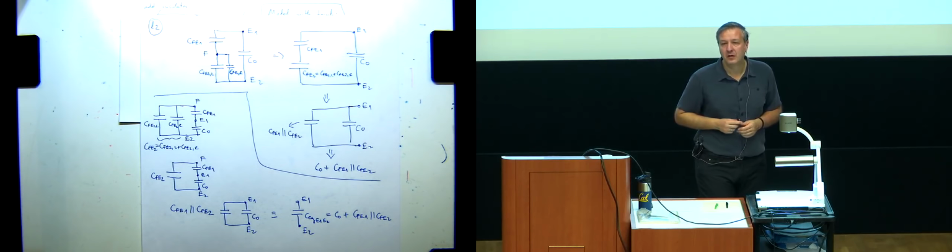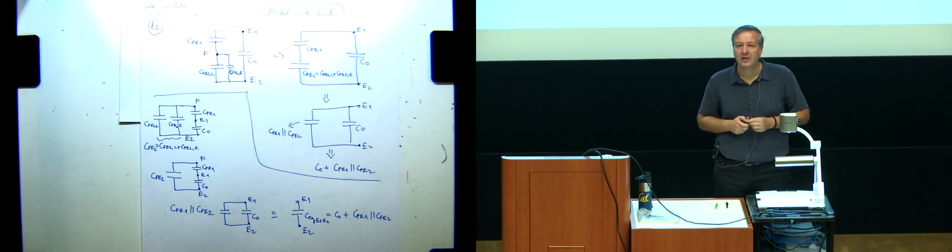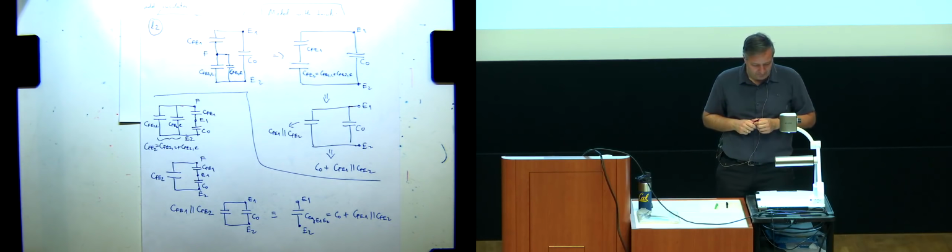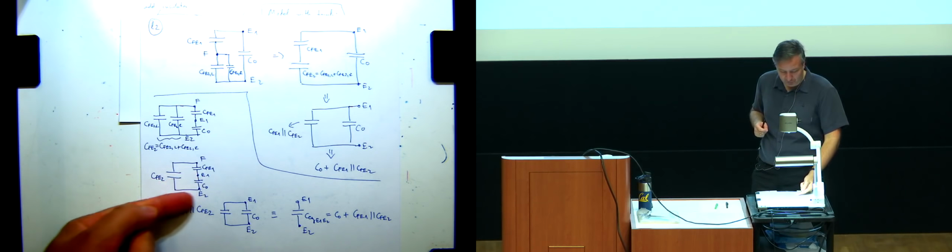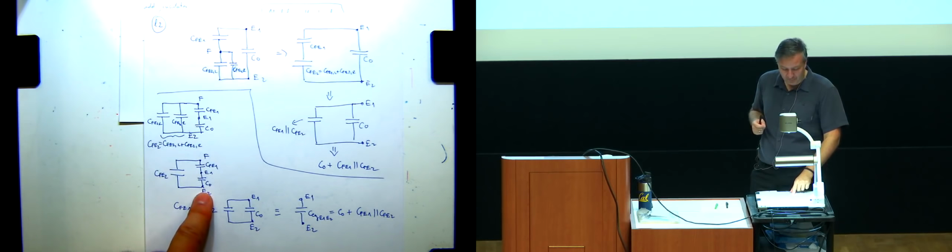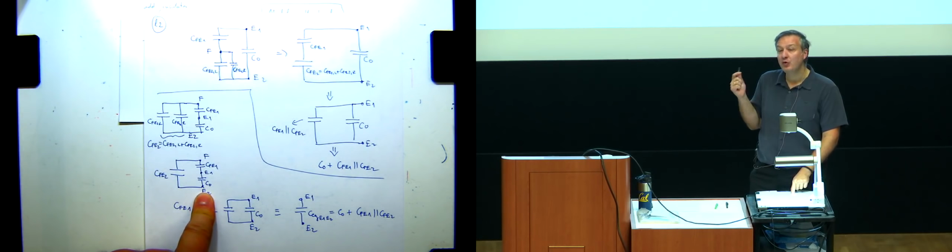Yes? So right now you're saying you're going from E1 up and then down. What prevents you from doing the other way around, going from E1 down and up? So then your operator down there, instead of being CF E1 parallel to CF E2 and C0, would be C0 parallel to CF E2. Oh, okay. So you're saying, why don't I go this way? Well, keep in mind, I'm still going from a node to a node.